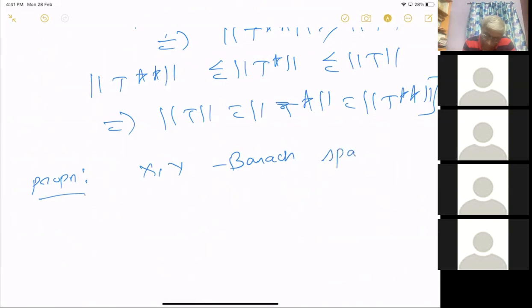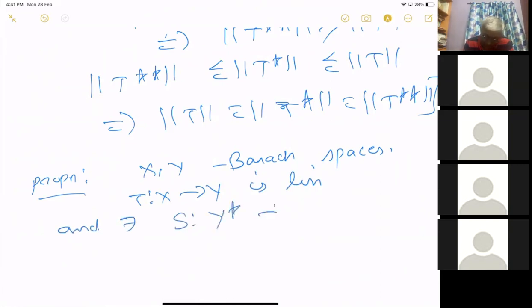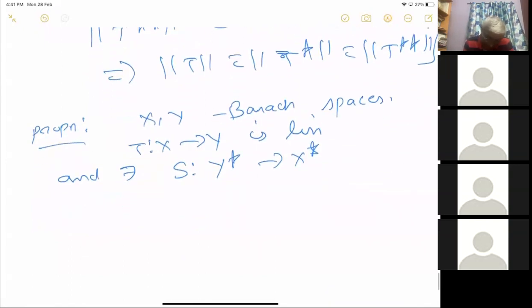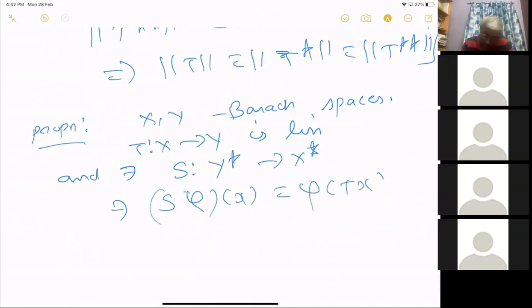So X, Y are Banach spaces, and T from X to Y is a linear map. Okay, and there exists S from Y star to X star, which is like this T star, such that S of phi at x equals phi of Tx. I mean, this is like the star map only.